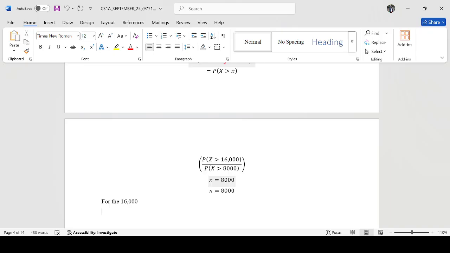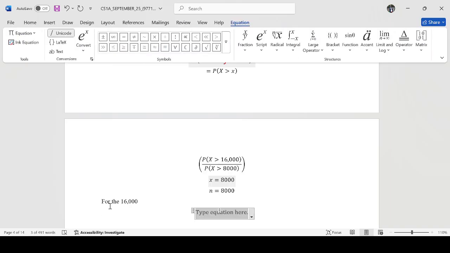Remember that we have already calculated our value of a. Our value of a is equal to negative 1 over 200.